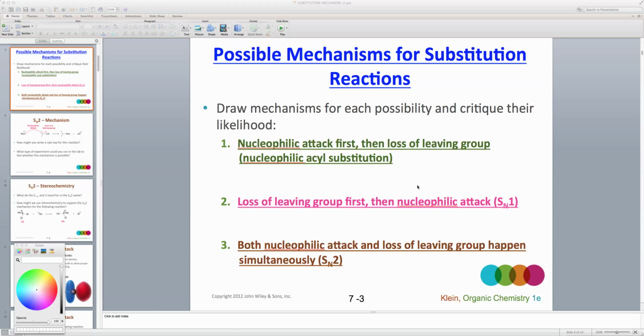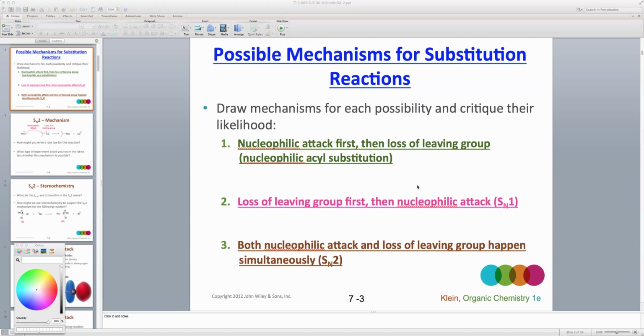That is, unlike the logical possibilities of step 1 and step 2, where you have a stepwise reaction, meaning we generate an isolable intermediate and then we react that intermediate to generate product, logical possibility number 3 occurs at the same time or very, very close to the same time.